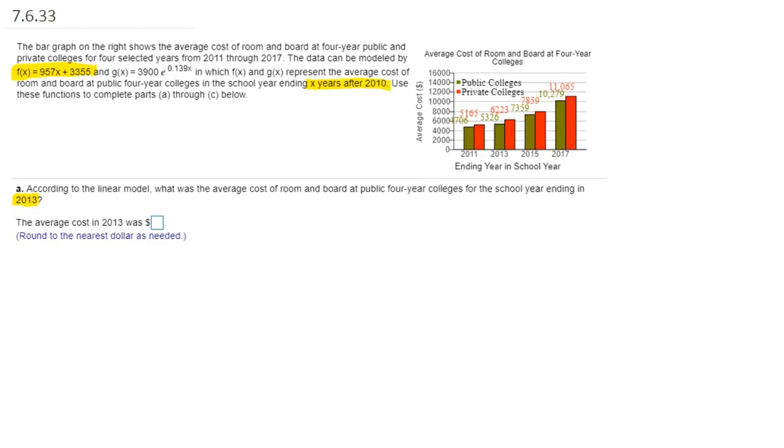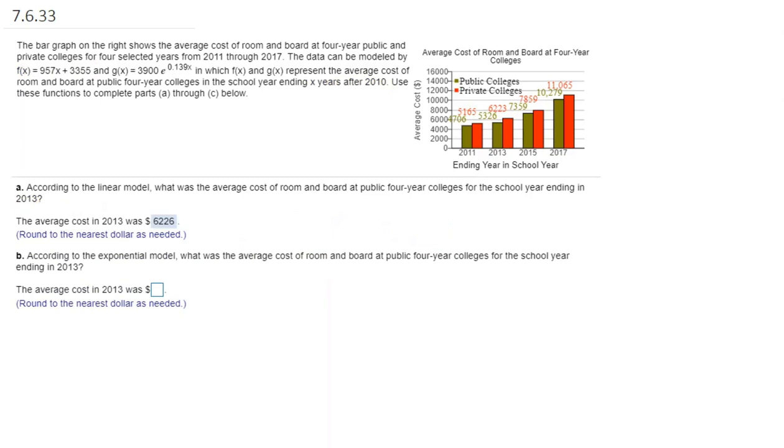So if we're talking about 2013, that means an x value of 3, because 2013 is 3 years after 2010. So we're going to plug 3 into our function. When we do that, we just grind out the results using our handy dandy calculator, and that will give us the output they're looking for. That gives us 6,226. So we'll enter that in and move on to part B.